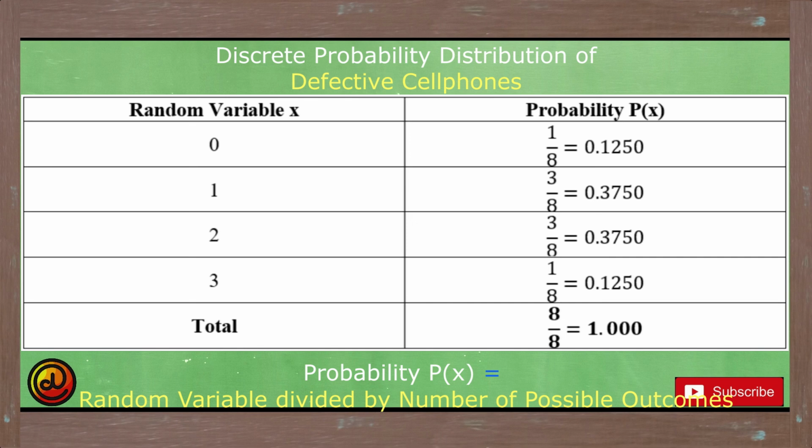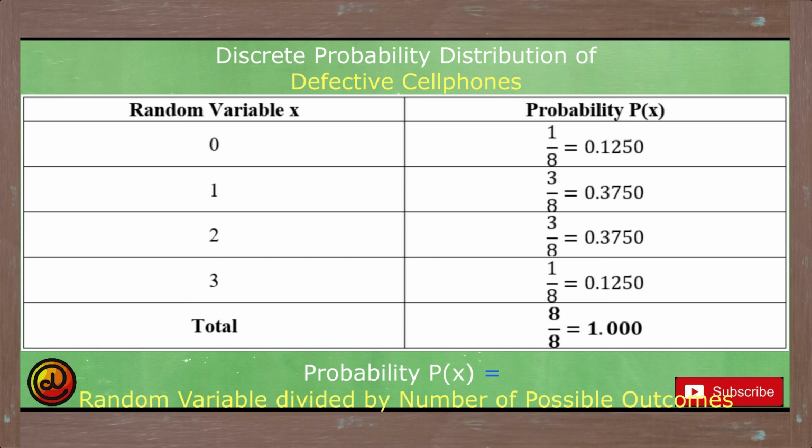Therefore, for our random variable 0, the probability is 1 over 8 or 0.1250. For our random variable 1, since there are 3 ones in our previous table, the probability is 3 over 8, which is equivalent to 0.3750. For the random variable 2, the same as the random variable 1, the probability is 3 over 8, equivalent to 0.3750.